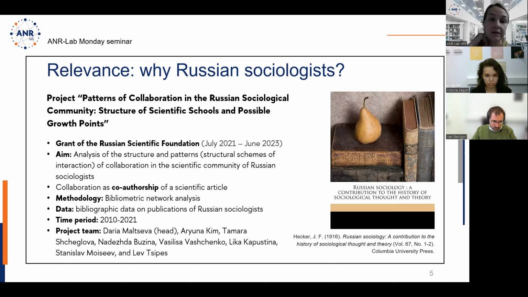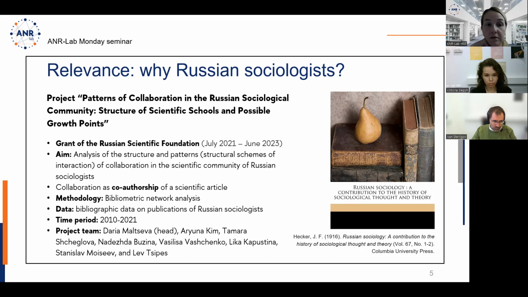And that's why we applied for a grant, and we received the grant of the Russian Scientific Foundation in 2021. Now we have already successfully finished this grant. The aim was to study the structure and patterns of collaboration in the scientific community of Russian sociologists.